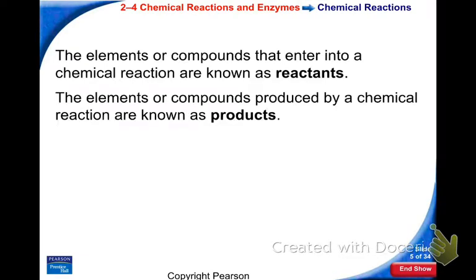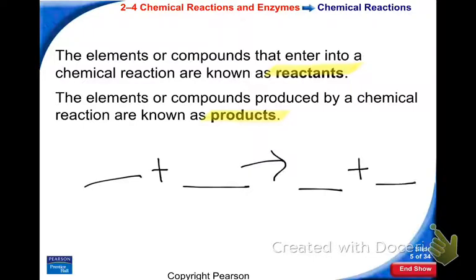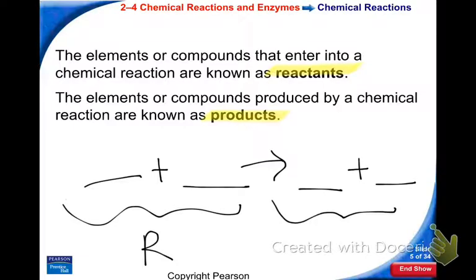So here are your definitions for reactant and your definitions for products. Okay, make sure that anytime you see a word in bold, you know that those are vocabulary terms. So again, everything on the left side of the arrow, and sometimes we have multiple reactants and multiple products, but everything over here are your reactants, and everything to the right of the arrow are your products.